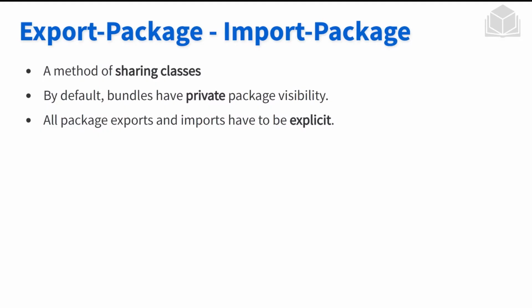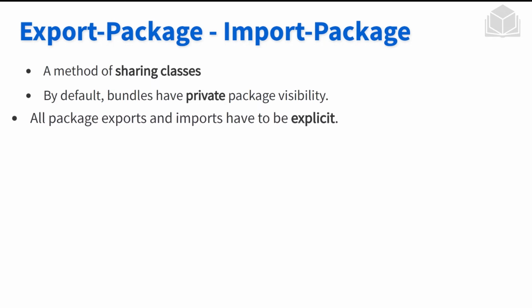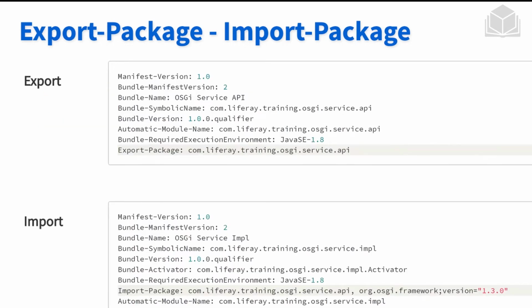Any other bundle can then use the import package header to say, I want to import a package that is being exported. Again, we talked about bundles and packages a little bit ago, saying that by default, they are set to private package visibility. And so we have to be explicit in saying which package I want to export or what package I want to import.